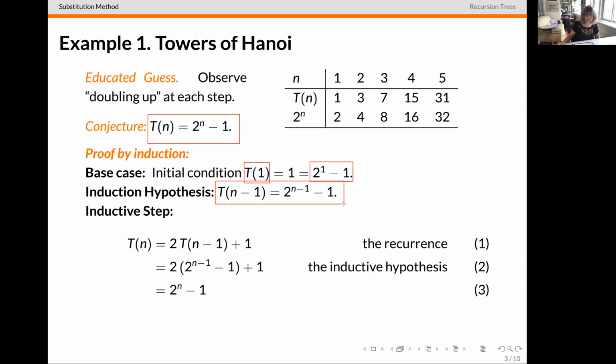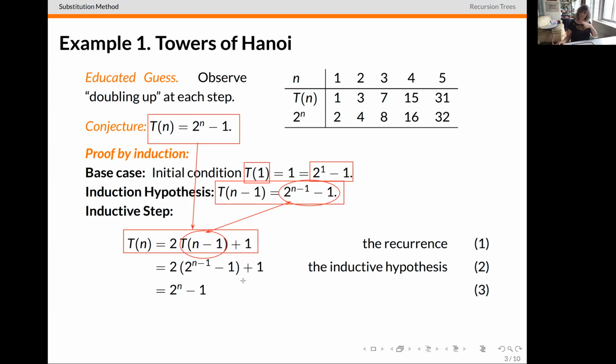So we assume that. In the inductive step, we consider the definition of the recursion, which comes directly from the recursion. But then for t of n-1, we substitute the hypothesis. We hypothesize that this is true, so we substitute that in there, and we obtain the following line.